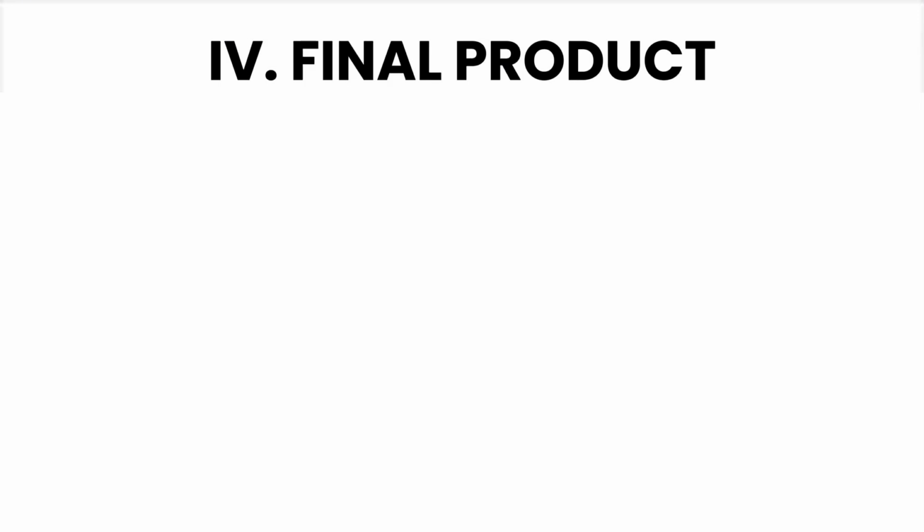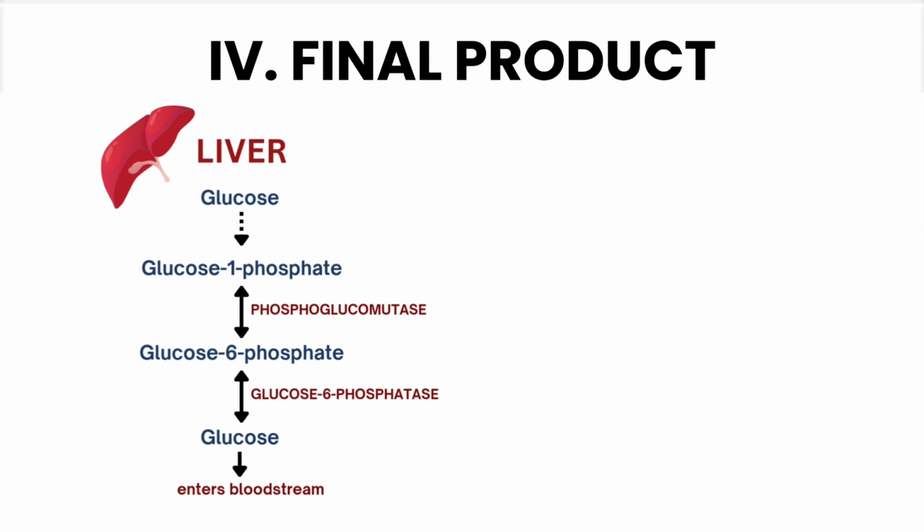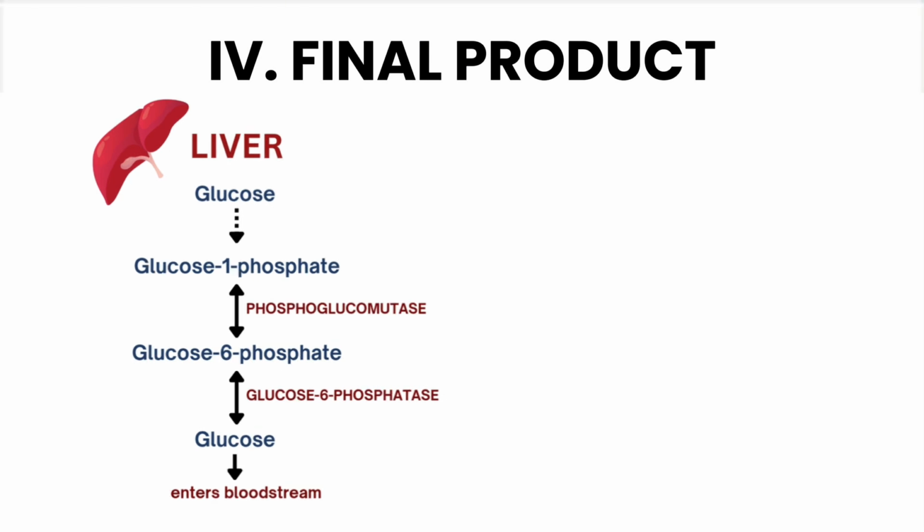Step 4. Specific organ processes. In the liver, glucose 6-phosphatase converts glucose 6-phosphate into free glucose, which is then released into the bloodstream to maintain normal blood glucose levels, especially important during fasting.